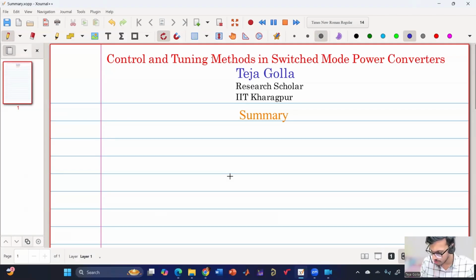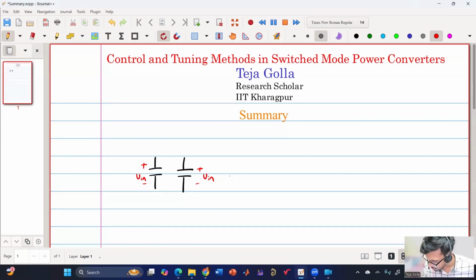The switching configuration is selected in such a way that if you have two capacitors, they will charge both the capacitors to Vin. So this is Vin and this is Vin.